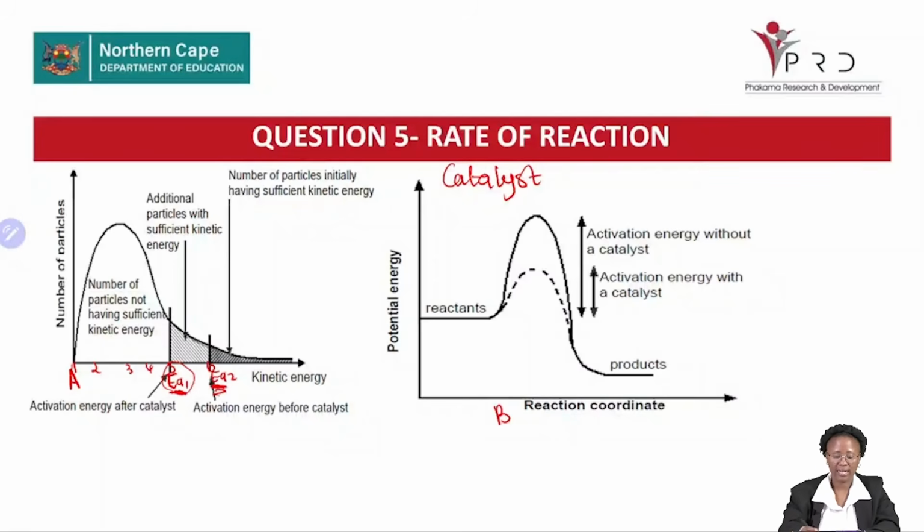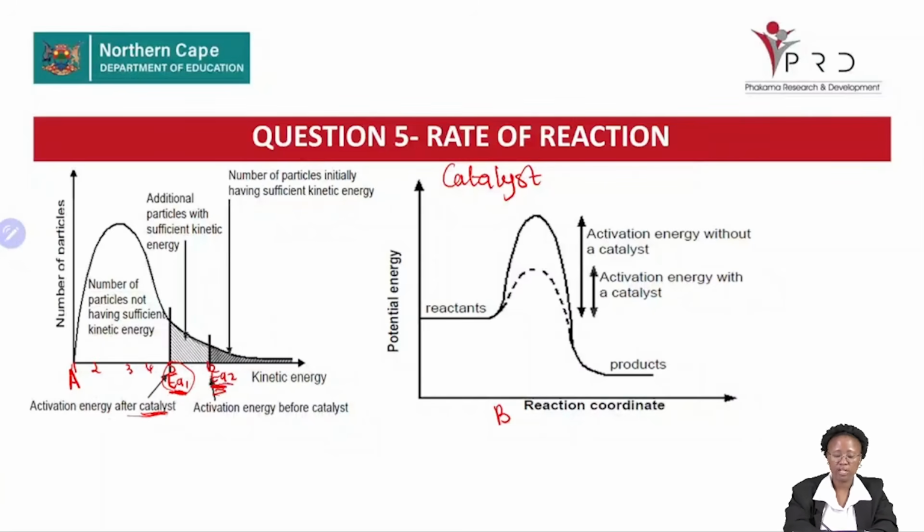The one that shows a catalyzed route will be the first one, because that indicates that the activation energy has been reduced. Activation energy after the catalyst is going to be A1, because the catalyst lowers the activation energy. So EA1 is the one that shows a lower activation energy as compared to EA2.